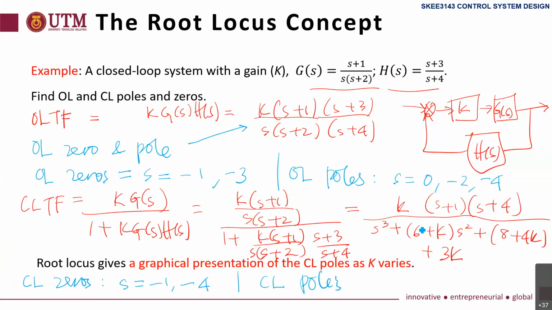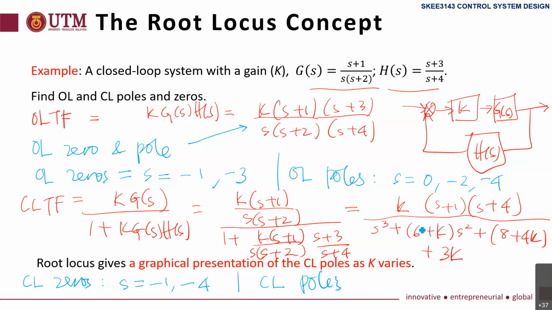However, the closed loop pole is affected by K. That's why one of your colleagues asked for the value of K. It will depend on the value of K. When K changes, the pole will also change.